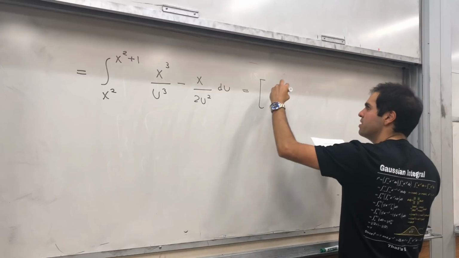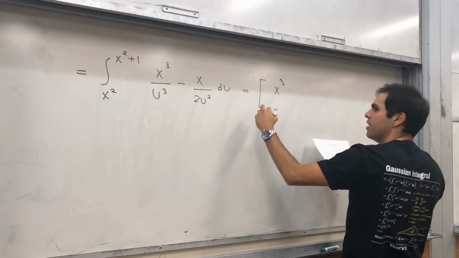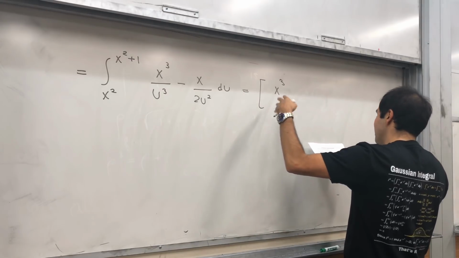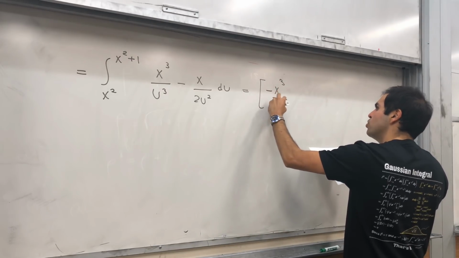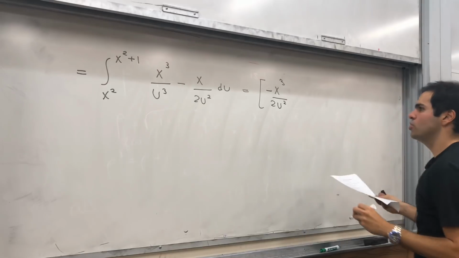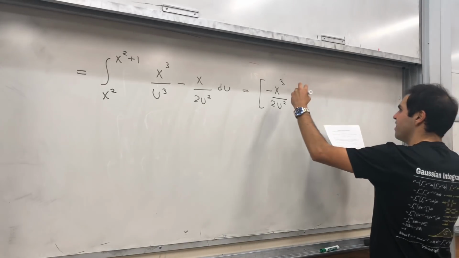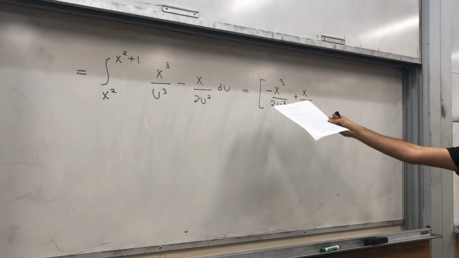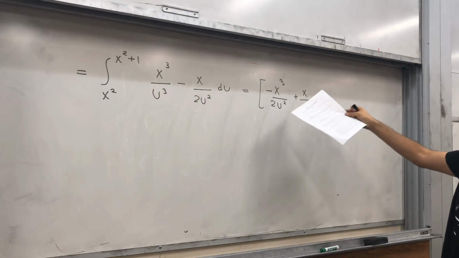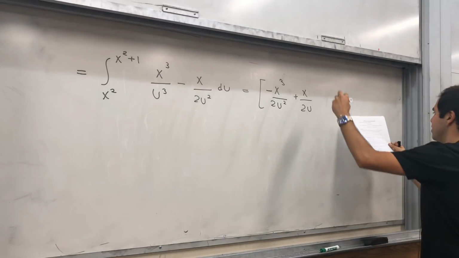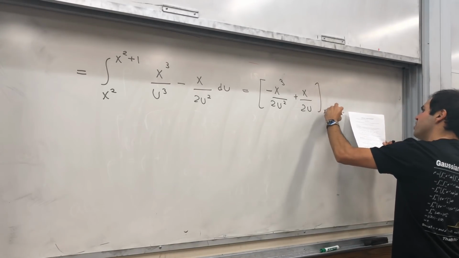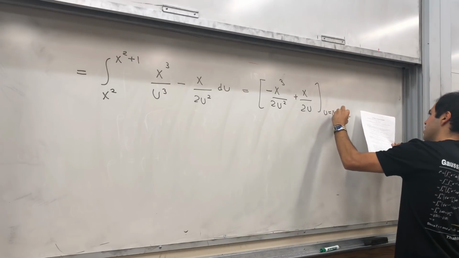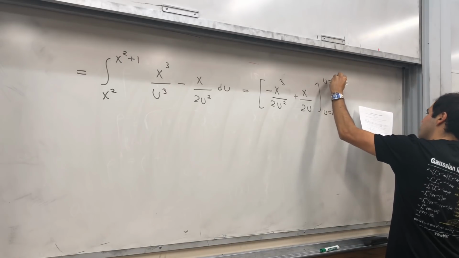Again, x cubed is a constant, and the antiderivative of u to the minus 3 is minus 1/2 u to the minus 2, so minus x cubed over 2u squared, and then plus x over 2u, because an antiderivative of minus 1 over u squared is 1 over u. And remember, you evaluate this from u equals x squared to u equals x squared plus 1.